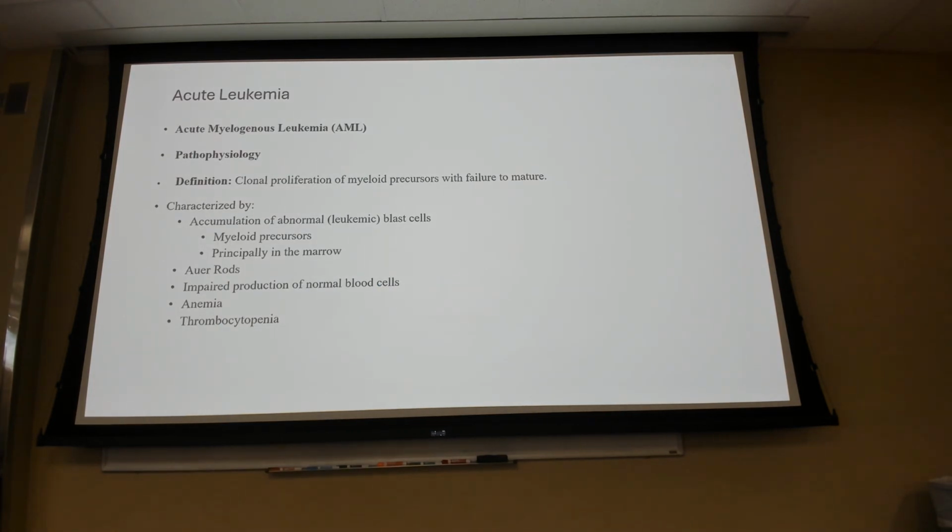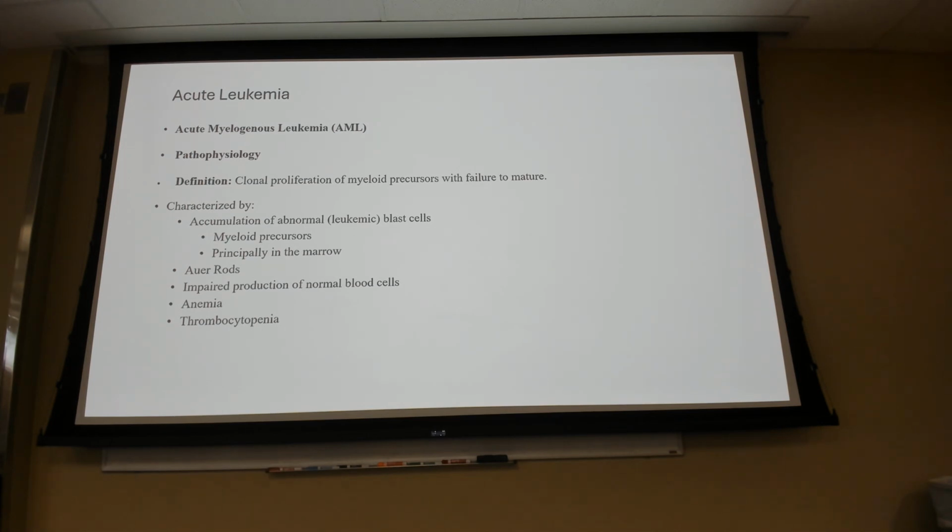All right, there it is. AML, myeloid precursors. Accumulation, yes. Myeloid, yes. Auer rods, we're going to talk about Auer rods. Auer rods are azurophilic granules, cytoplasmic inclusion bodies inside the cell. How are you going to know they exist? Differential.